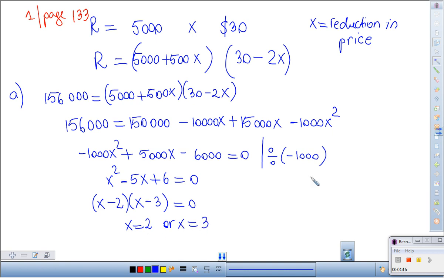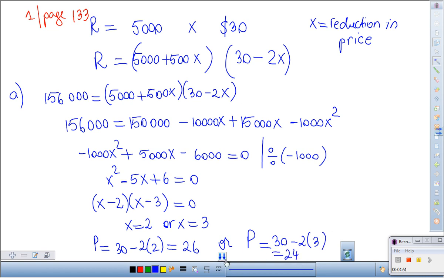Since x represented the reduction in price, let's see what the two prices can be when revenues are $156,000. So the price will either be 30 minus 2 times 2, or $26, or the price can be 30 minus 2 times 3, or $24.